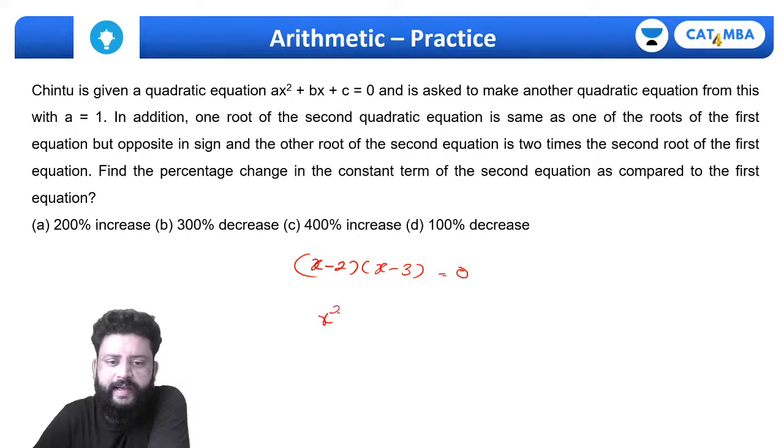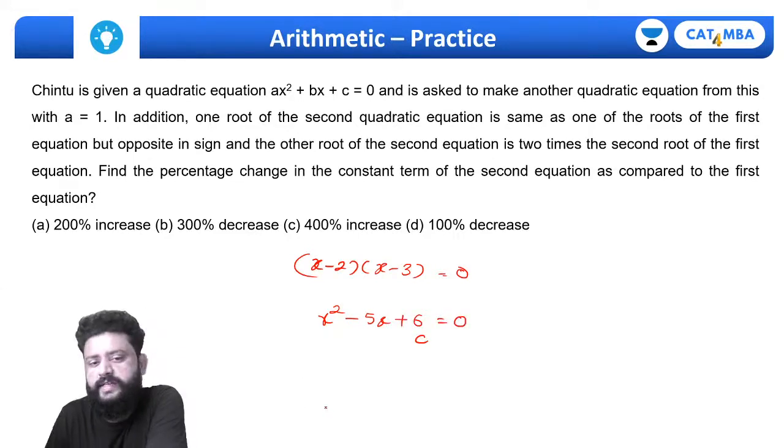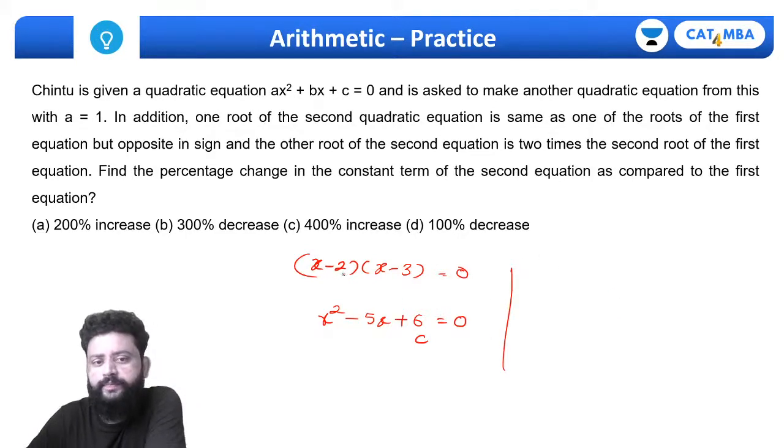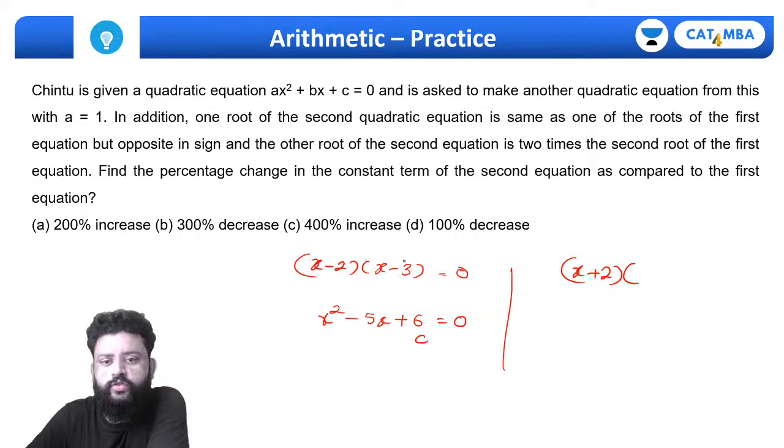So initially I'll be getting x square minus 2x minus 3x, that is minus 5x, plus 6 equals to 0. So value of c is 6. Now I'll take the roots as: one root, since it is 2, I have to take minus 2, that is x plus 2. And the second root I have to take double, double of 3 is 6, so x minus 6 as a root.